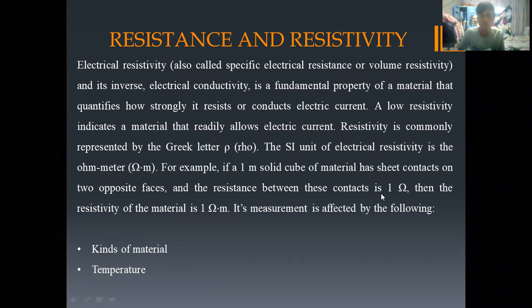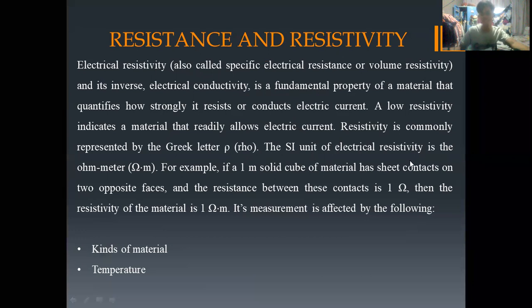Next, electrical resistivity, also called specific electrical resistance or volume resistivity, and its inverse electrical conductivity, is a fundamental property of a material that quantifies how strongly it resists or conducts electric current. A low resistivity indicates a material that readily allows electric current. Resistivity is commonly represented by the Greek letter rho.